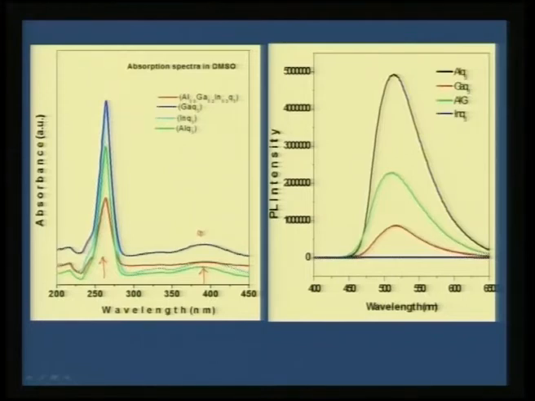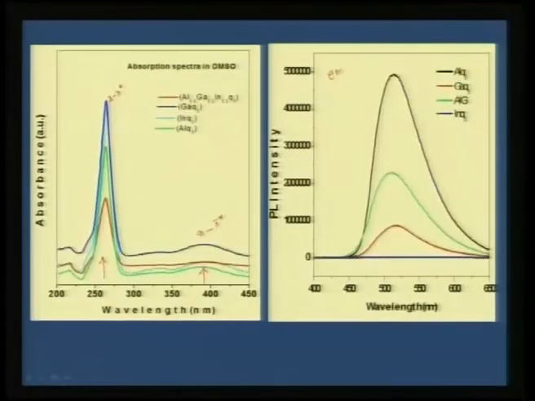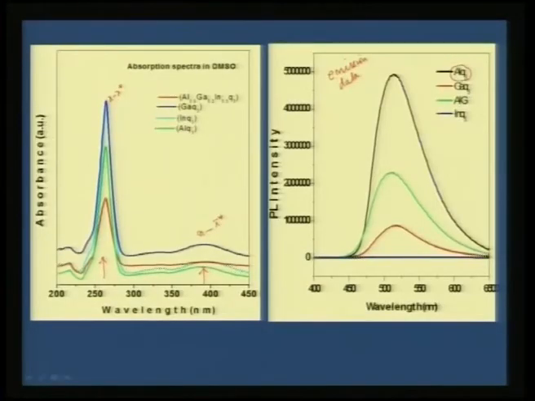This is due to the n to pi star transition and this is due to the pi to pi star transition, and it is all the same for both the solid solutions and individual molecules. But the interesting point here is the emission data. If you see the emission data, we have exactly got what we anticipated, because AlQ3 and indium Q3 have a very sharp change in the PL intensity.